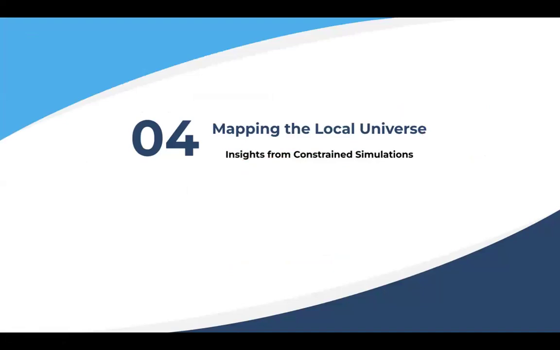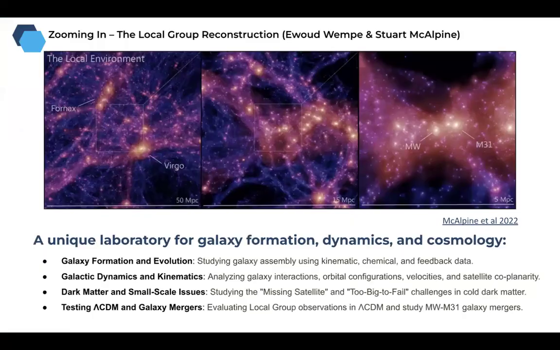I want to show you that field level inference allows us to look a little bit deeper. Instead of just looking at the large-scale structure in the larger surroundings, what we did here is a work by Ewout Wempe, who was interested in seeing if we can extend the data models of field level inference to reconstruct individual galaxies or galaxy pairs, in particular reconstructing the Local Group by focusing on the Milky Way and Andromeda pair and trying to reconstruct its formation history.